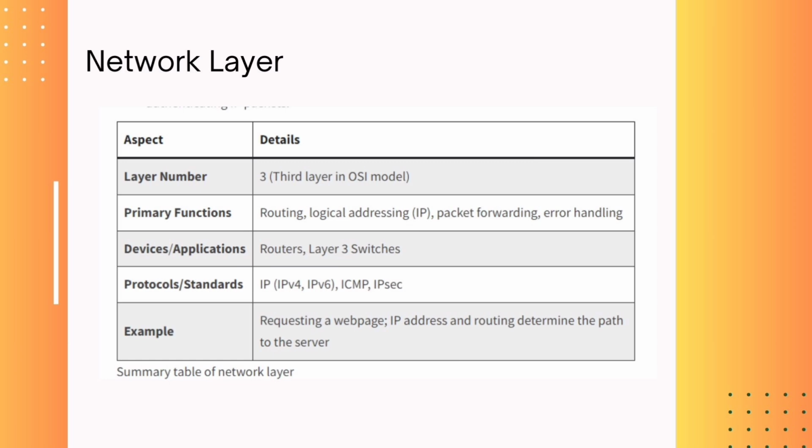There are also routing protocols, for example OSPF, Open Shortest Path First, RIP, Routing Information Protocol, Border Gateway Protocol, and a number of other protocols used to communicate on the network layer. One thing which I forgot is network address translation.